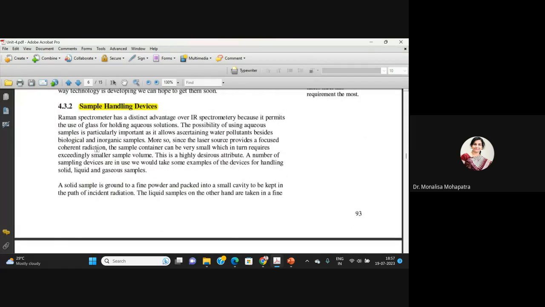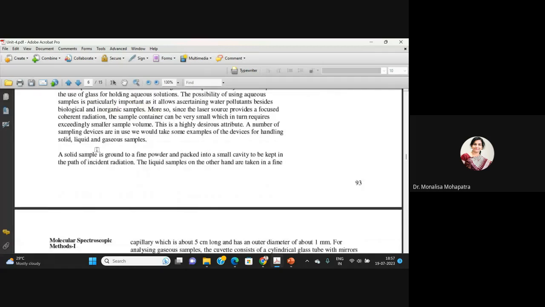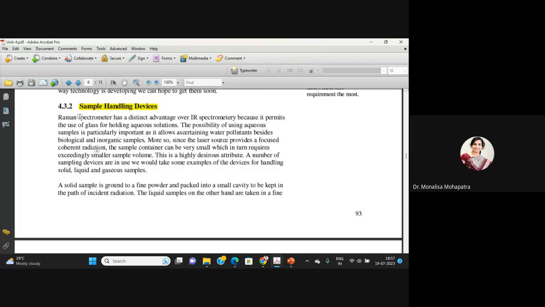Then the sample handling device: Raman spectrophotometer has a distinct advantage over IR spectrophotometry. You can say spectrometry or spectrophotometry; nothing wrong in that.